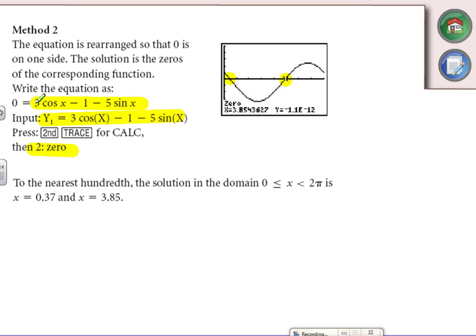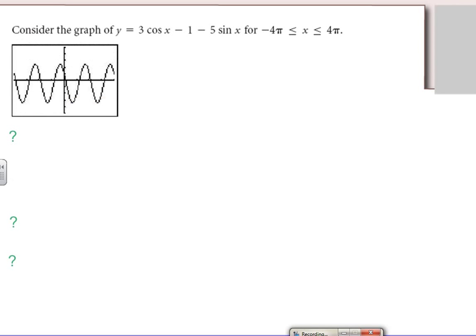Because this is a periodic function, and this function goes on and on in both directions, right and left, if we increase to 4 pi's instead of 2 pi's, we're going to have more and more solutions. And all those solutions are going to be related to each other. So this is on the way down, on the way down, on the way down, on the way down. All of those solutions are related to each other.